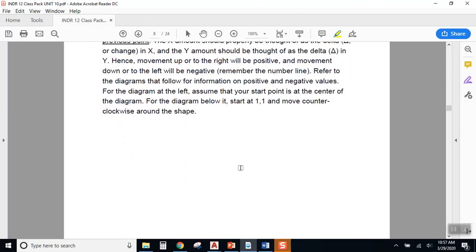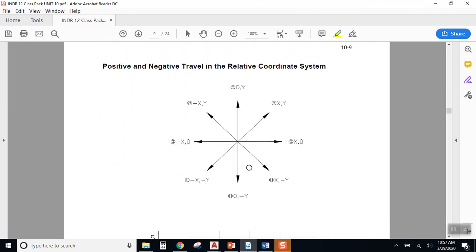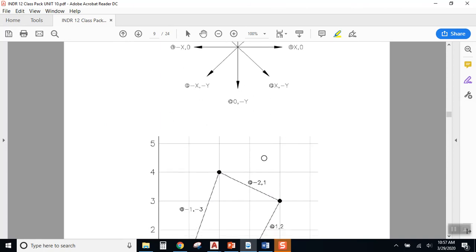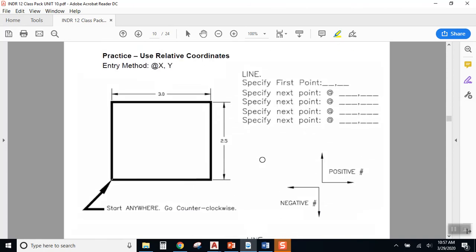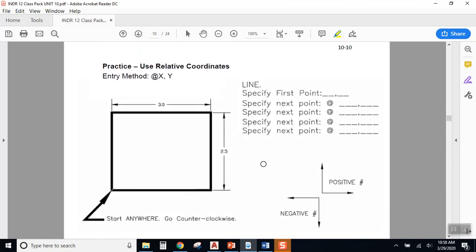And relative coordinates are actually easier to work with, I think, than absolute coordinates. Here's the example we were just looking at. And then, hey, remember these figures? These are the exact same figures we were just looking at. We're going to use the same figures over and over as we learn how to use these different systems. Okay, so let's talk about how to set this guy up using relative coordinates.